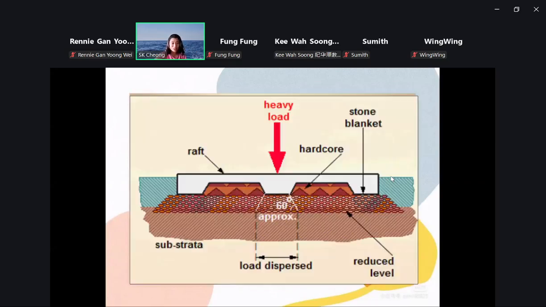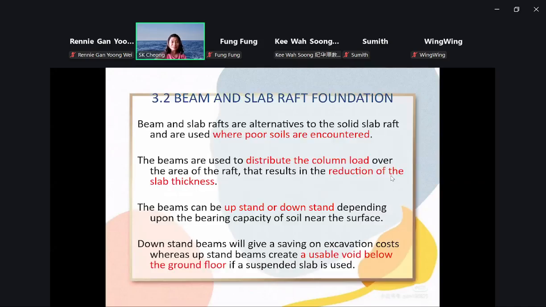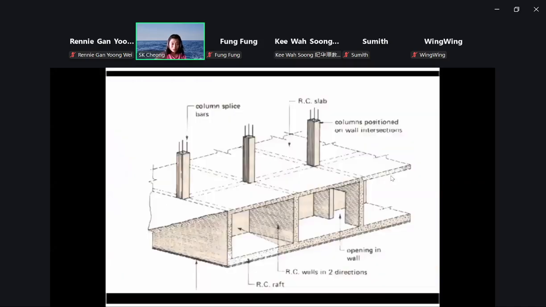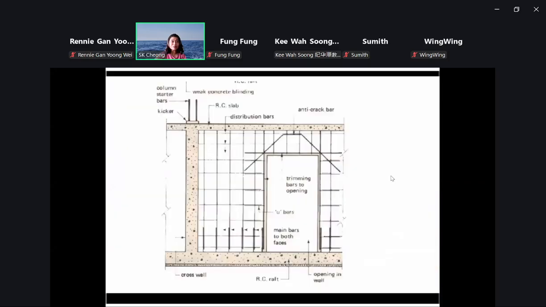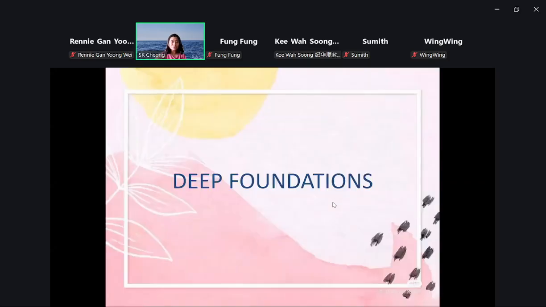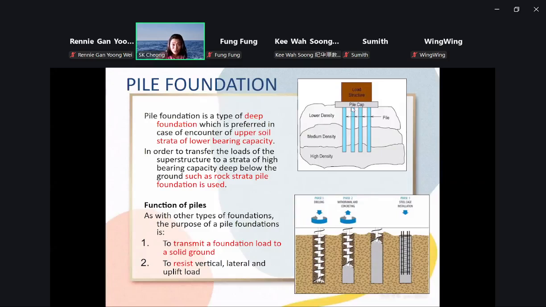So this is foundation, and I think I can move faster here. You know how to sketch, then you know how to answer if I'm asking for differences, or to define.